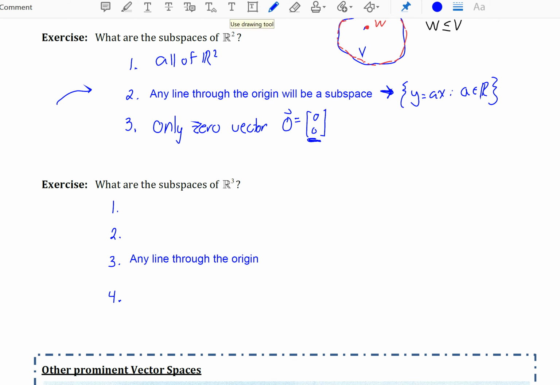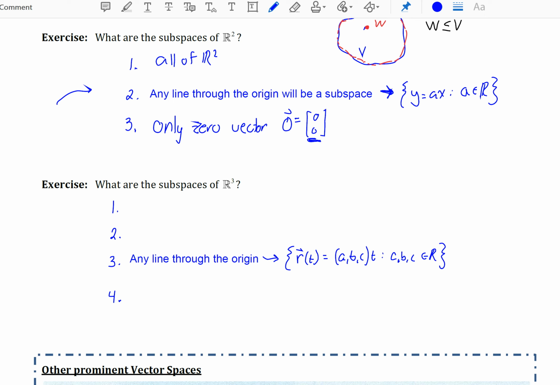Now, Calc 3 is not a requirement for our class, but if you've taken Calc 3, then you might recognize that we're talking about the space of vector functions r(t) that are equal to (a, b, c) times t, such that a, b, c are elements of the real numbers.